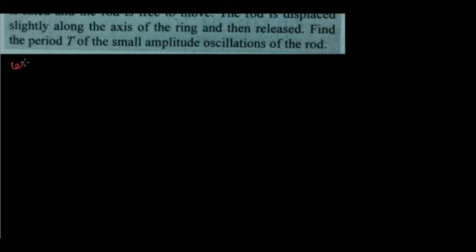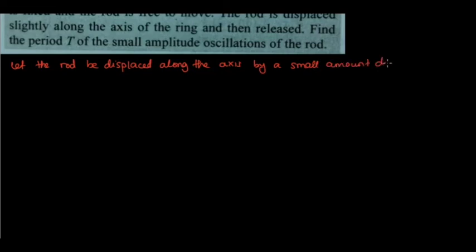So suppose we have displaced the rod in the upward direction by a small amount dy. Let the rod be displaced along the axis by a small amount dy in the upward direction.